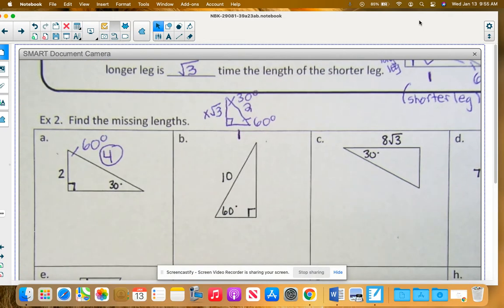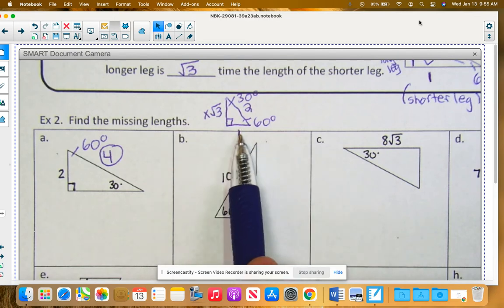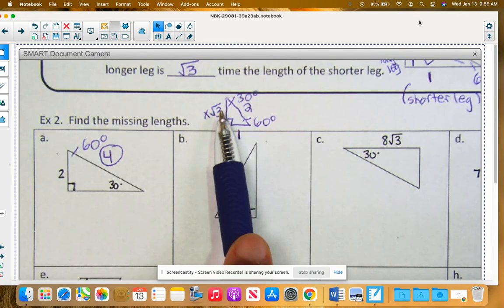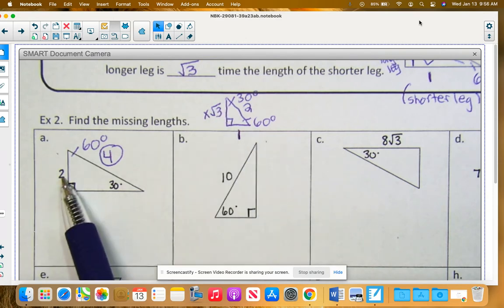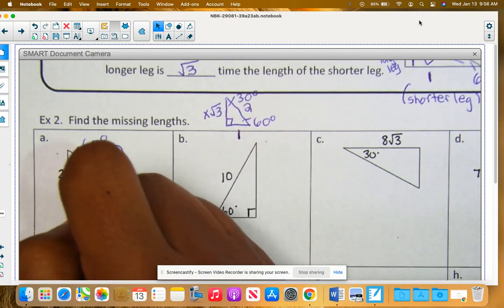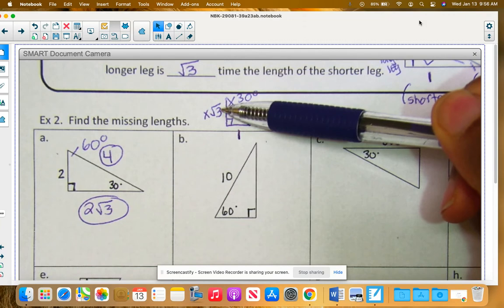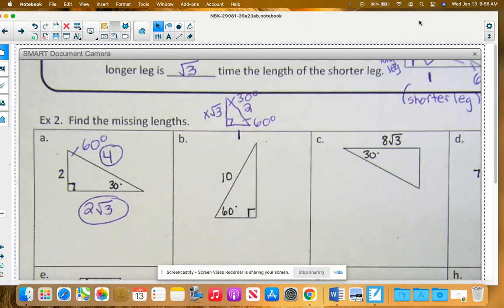And I also know my relationship between my shorter leg and the longer leg is that I just multiply it by the square root of 3. So if my shorter leg is 2, this leg is 2 square roots of 3, because all we do is incorporate this ratio, which is the square root of 3.